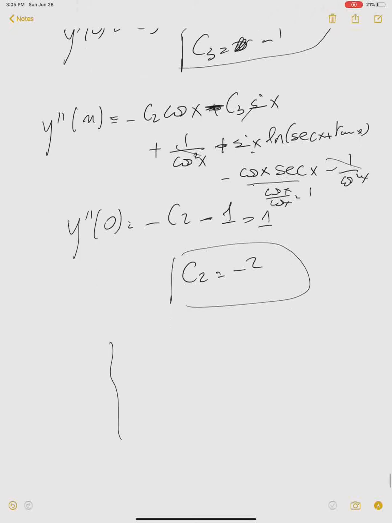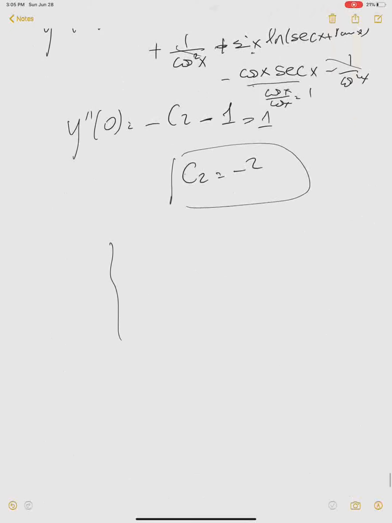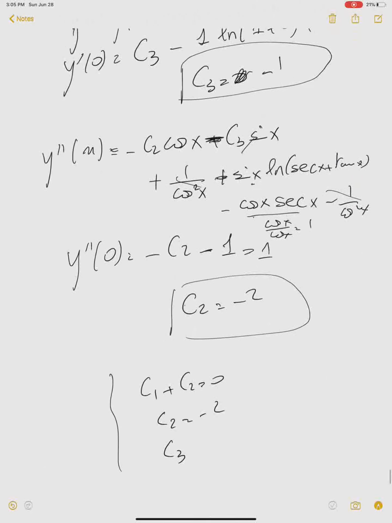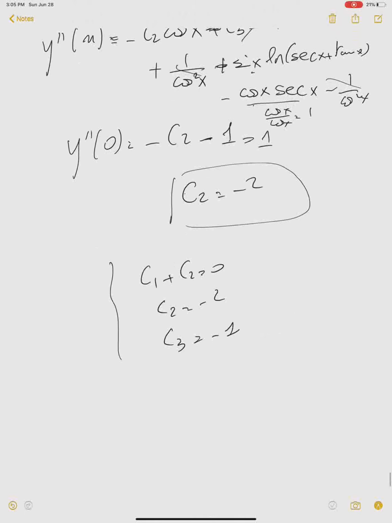So I have the system: C1 plus C2 equal to 0, C2 equal to minus 2, C3 equal to minus 1, and this implies that C1 equal to 2.